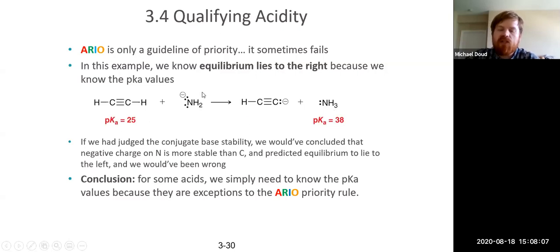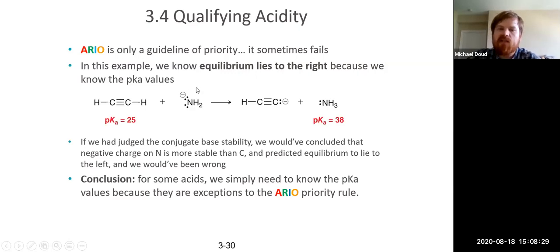Now here we actually do have a conflict, because if we just use the REO method, we can see right away, oh, we have a carbon lone pair and here we have a nitrogen lone pair. We said that those are different atoms, so the more electronegative atom within the same period should be more stable. But that's not actually the case.